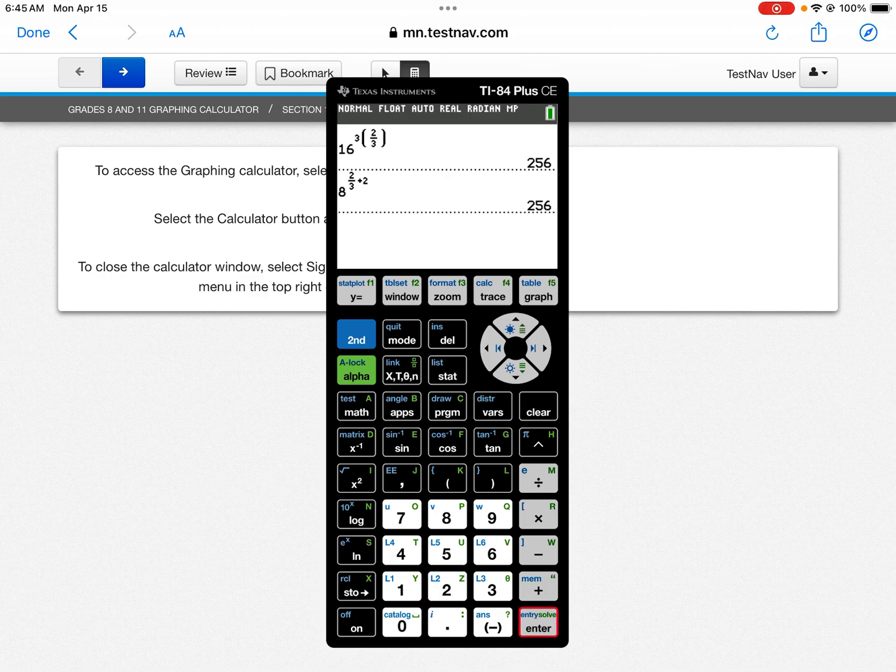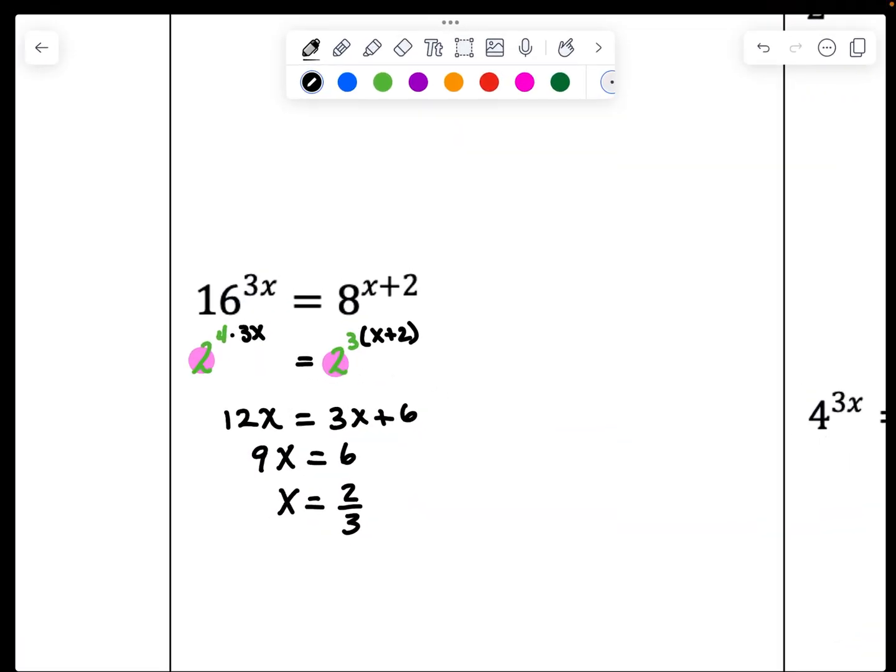And it does, so they equal each other, so they are the same. You can always check them on your calculator to make sure you're right.